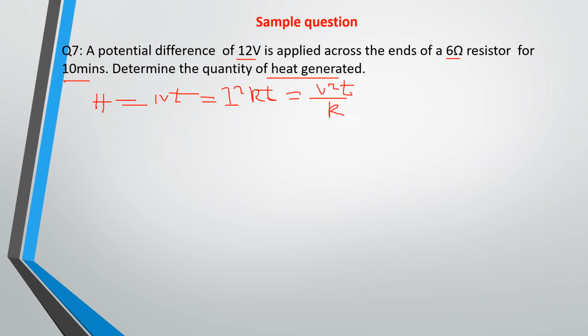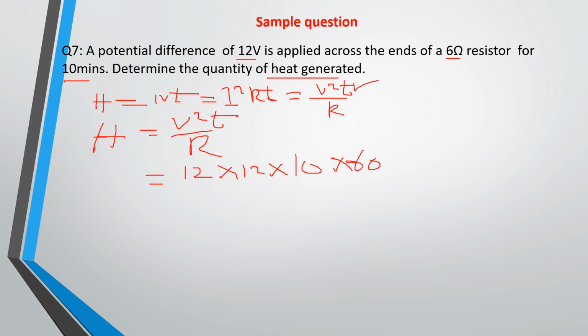So you just substitute into that equation where H is equal to V squared T all over R. That gives you 12 times 12 times 10 times 60 all over 6.